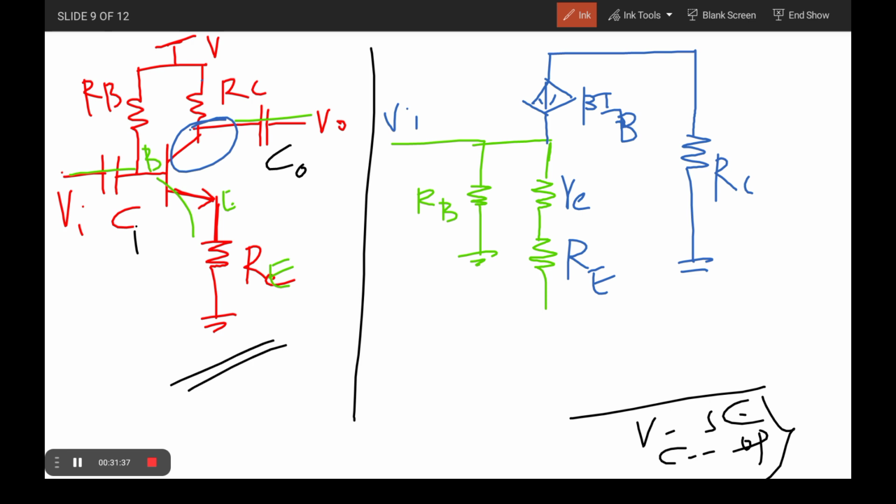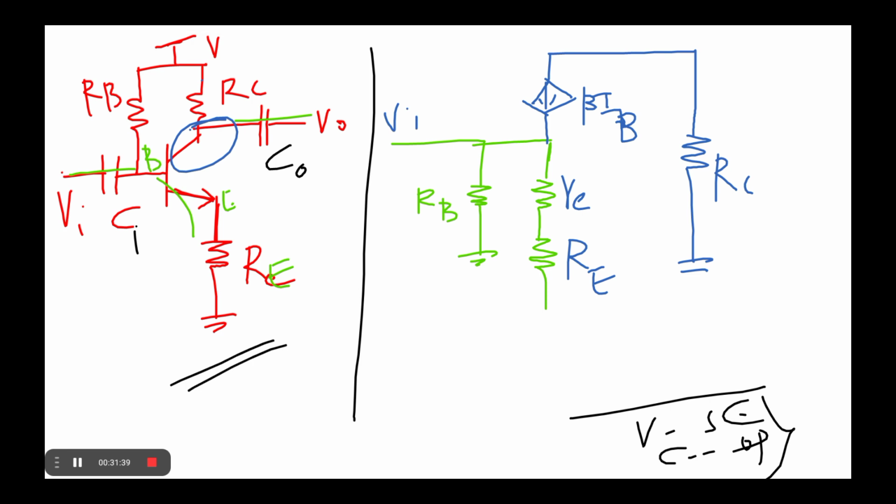Now if you want to find the gain for this one, just see here.